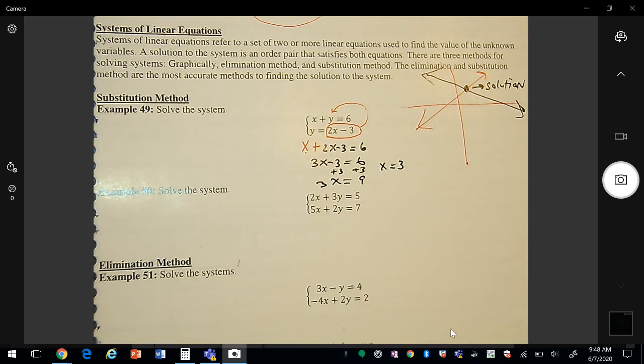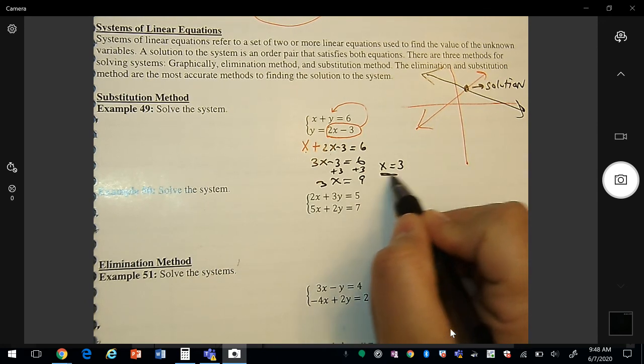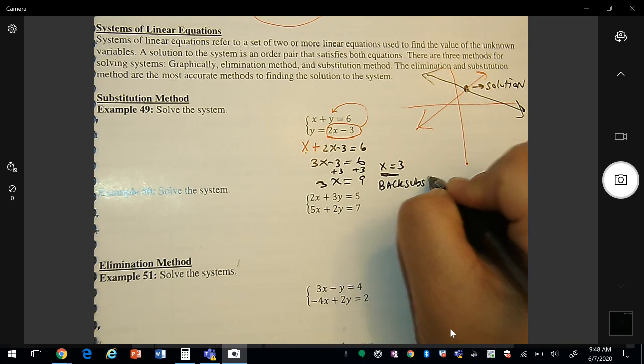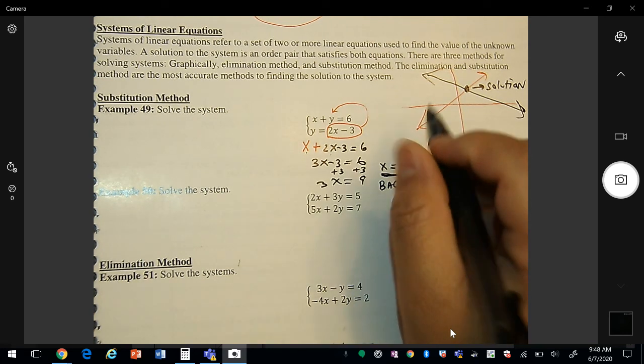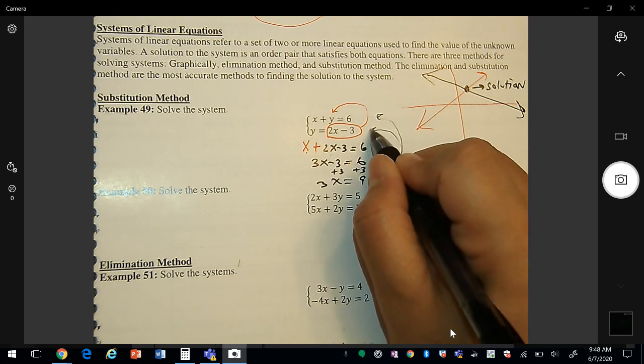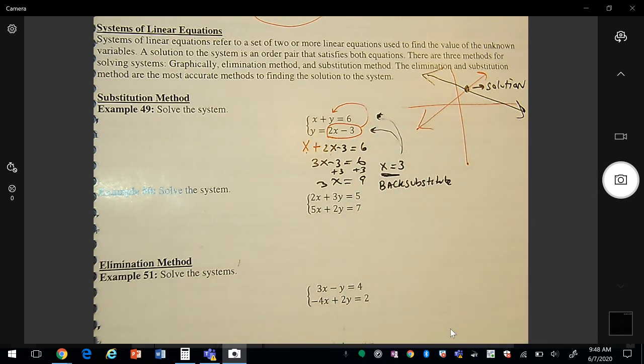Once you know your solution for one variable, in this case x, we do something called back substitute, which means you can take this variable and plug it into this equation or this one. You can plug it into whichever one.